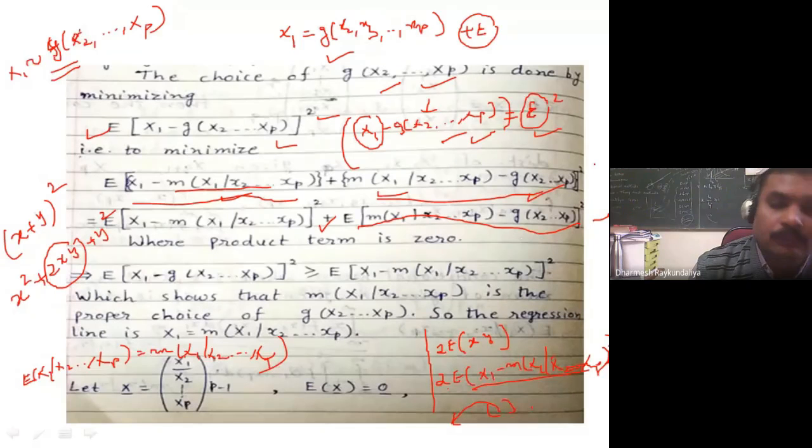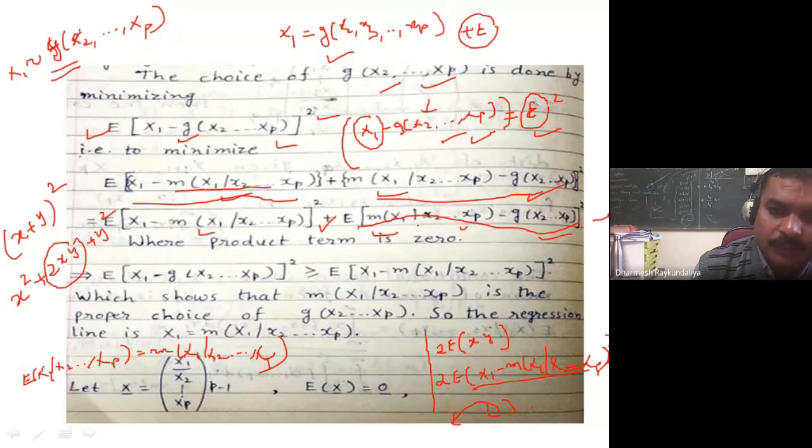Now suppose this is some value, this is the mean of x1 given x2 to xp, and this is some function of x2 to xp. So this is some value, and if you take the square of a value, negative or positive, what will its square be? It becomes positive. And if this is a positive quantity, you can see that this quantity is a sum of two positive quantities.